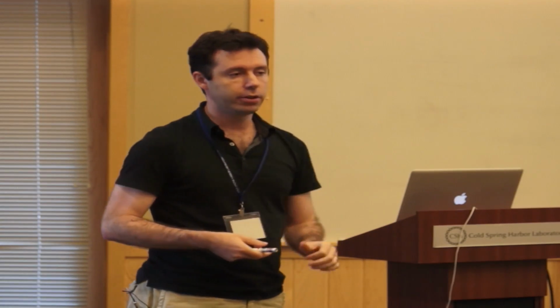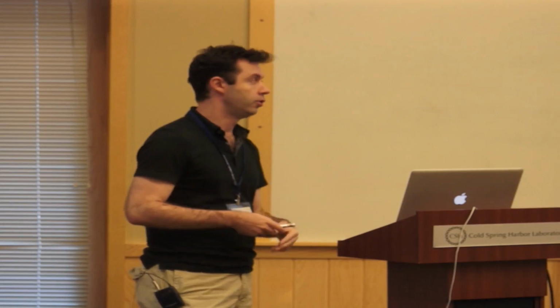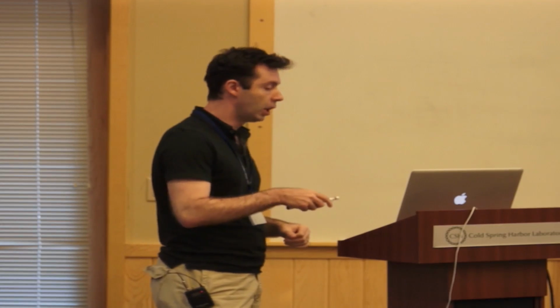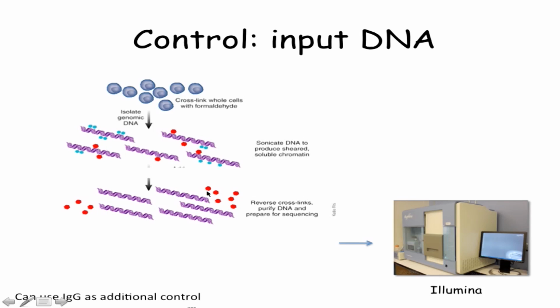It's not a particularly good technique. There are better techniques to identify these regulatory regions, but this is something that people have published. So this just illustrates that there are biases created by the sonication, and additional biases potentially created by the sequencing.